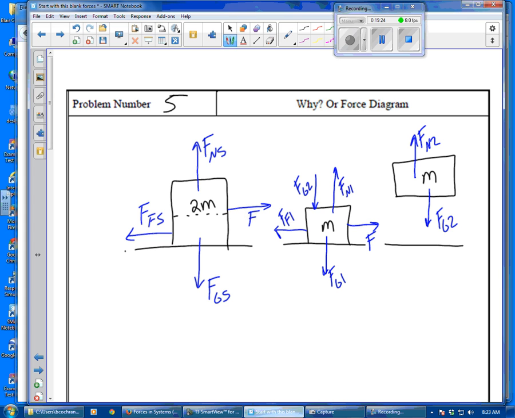Now, since it's not accelerating horizontally, is there a frictional force? Do you think there's a frictional force on it? Or ask yourself this, if I leave it like this, would it have a zero acceleration horizontally?